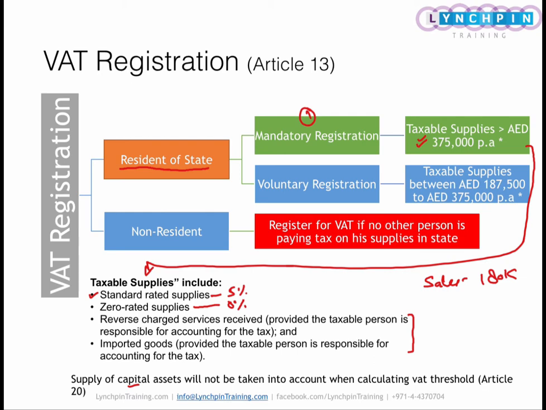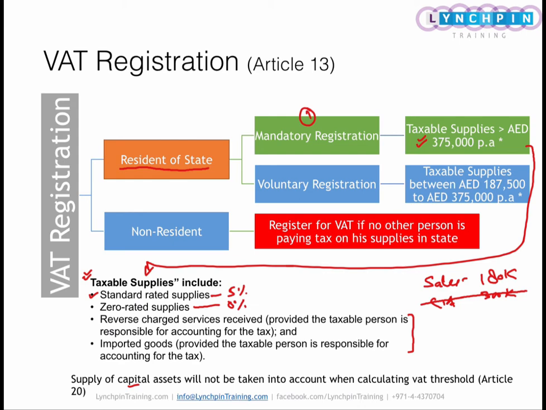It could be my office furniture, equipment, any such thing, and sale of my capital assets is around 300,000. Now when I'll be calculating the value of my supply, I won't be including my capital asset sale. It would only be my taxable supply. Now once I have established it, I have to apply for the VAT registration.